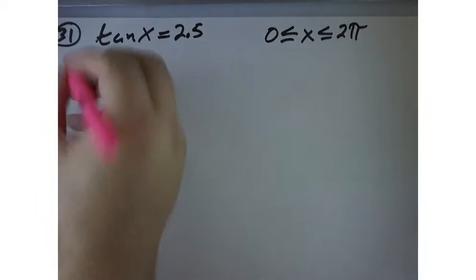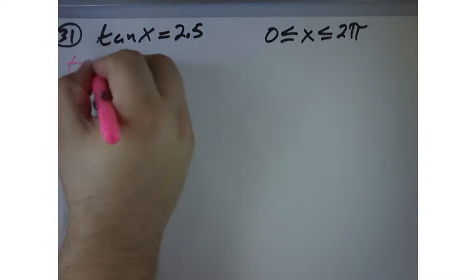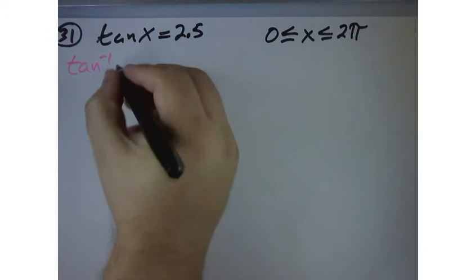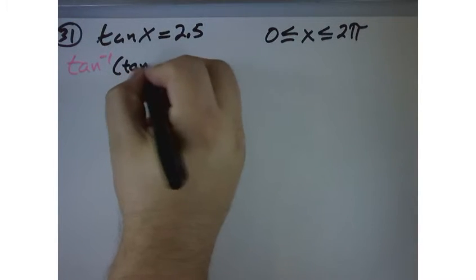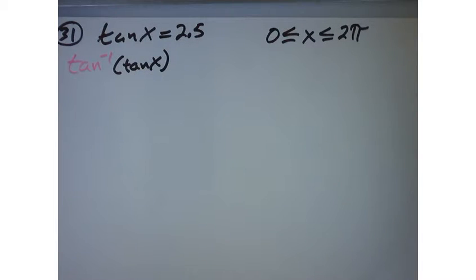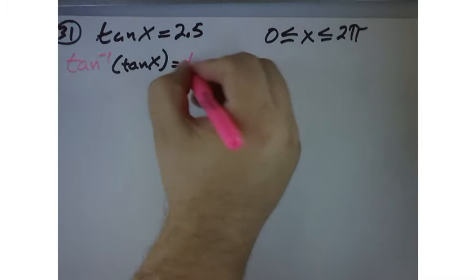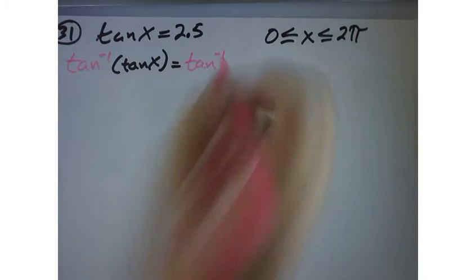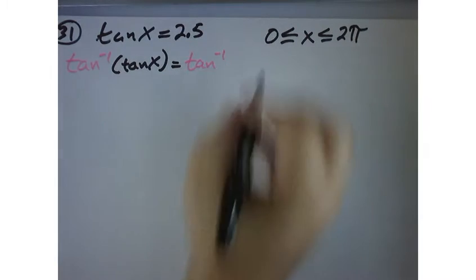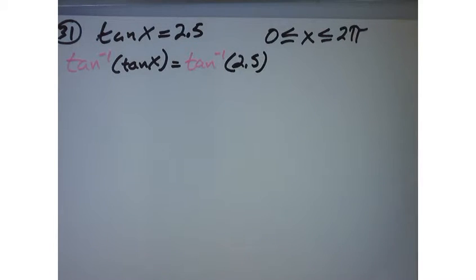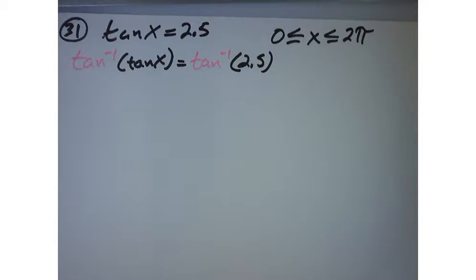So the algebraic way is simply to take the inverse of tangent, and whatever you do on one side of the equation you have to do on the other. So by taking the inverse of both sides, remember inverse functions undo what the function does.